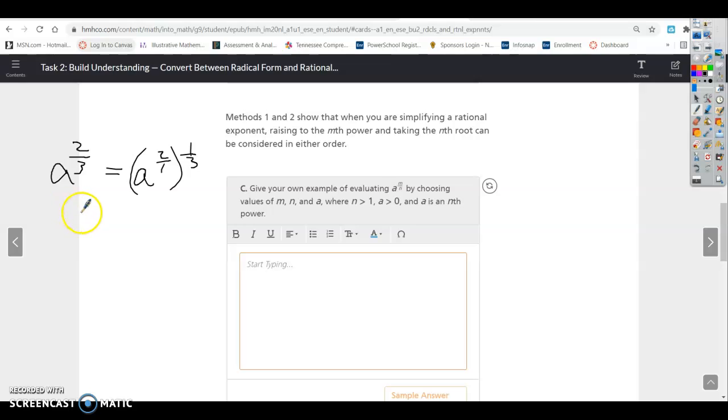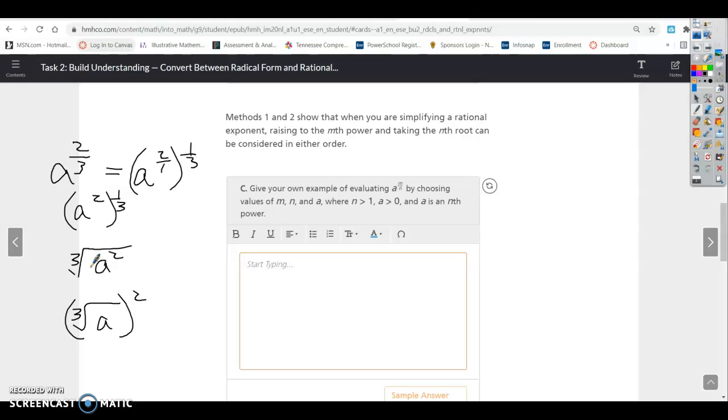And then I can rewrite that as a squared to the 1/3 power. And the 1/3 power, since that's on the denominator, that becomes your root. So cube root of a squared. And you can also write that as cube root of a squared. Both of those will work.